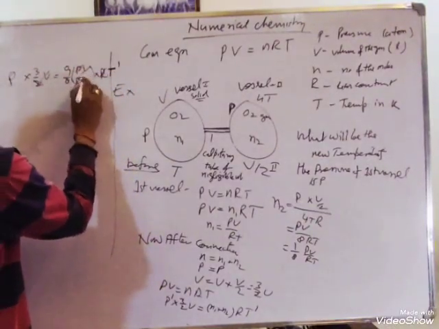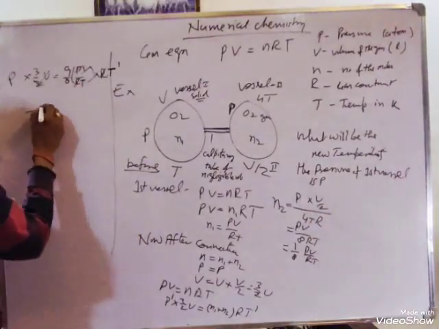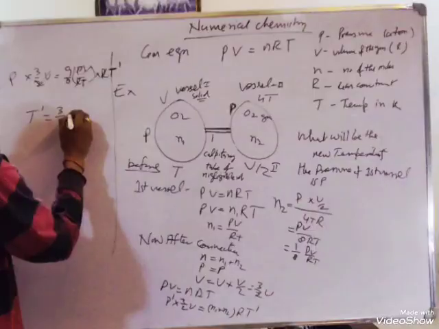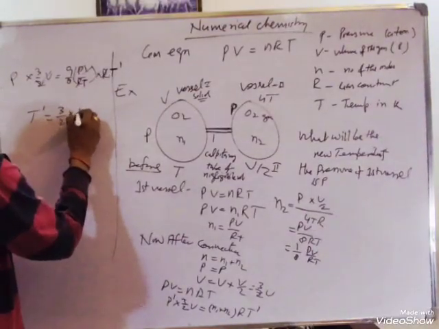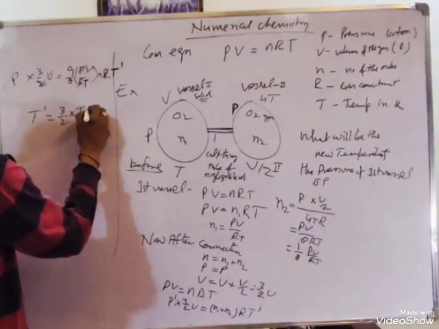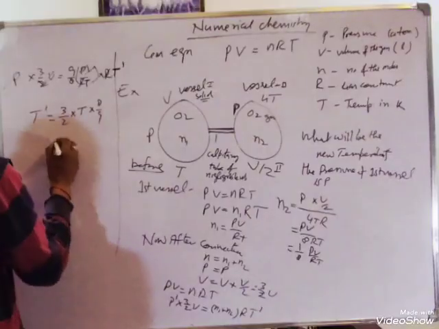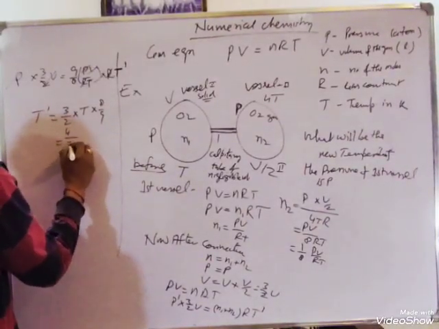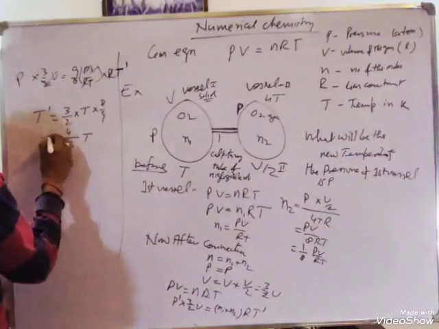R से R कट हो जाएगा, so now the T dash will be 3/2 into T into 8/9, that is 4/3 of T. This is the new temperature.